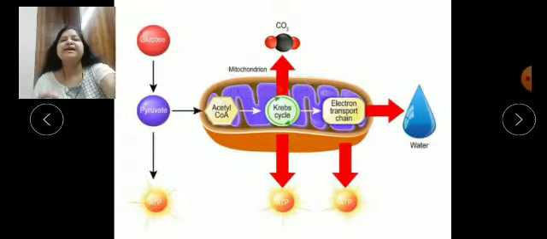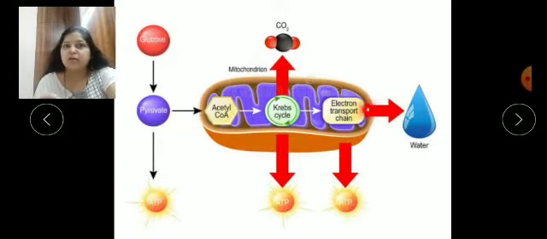In this diagram you can see the shoe-like structure, this orange one. This is the mitochondria. Remember, in class 6 I told you there are different cell organelles present in the cell. In the mitochondria, through the Krebs cycle, when oxygen acts upon glucose, it is converted into different compounds like pyruvic acid, acetyl coenzyme A, and others.